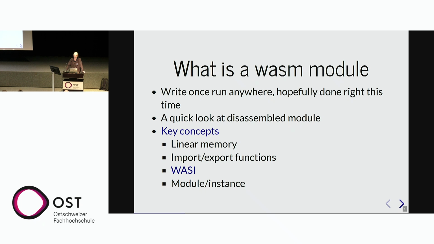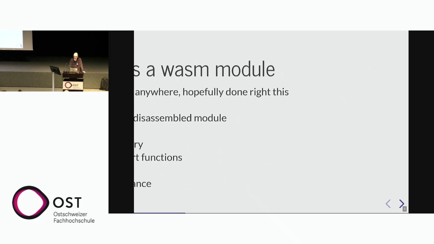Each instantiation will create a Wasm instance with its own copies of the linear memories and so on. And then you can interact with this instance by calling some of the exported functions and getting the results, and also observing the changes in the linear memory. So this is all we need to know about the Wasm module in this workshop.